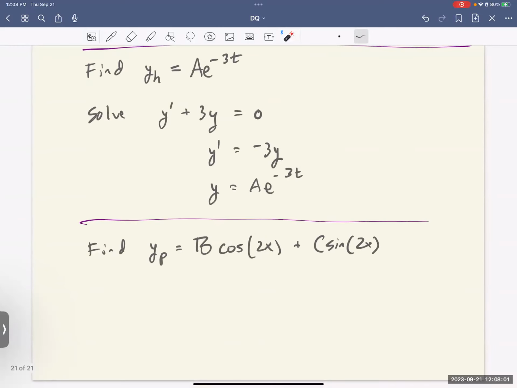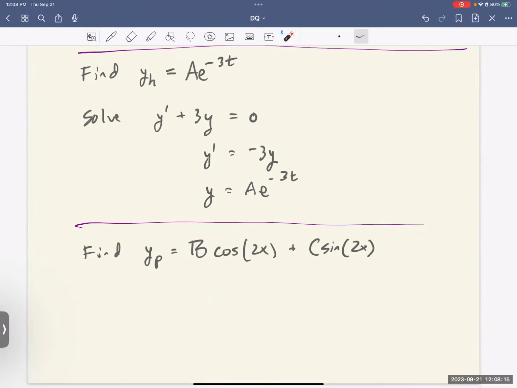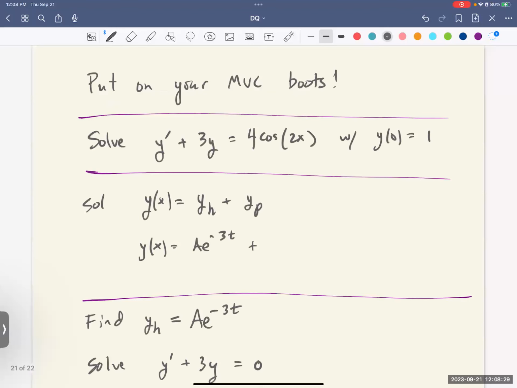Then to determine these undetermined coefficients, you take y sub p, this whole thing, and plug it back into this equation. Y prime plus 3y equals 4 cosine 2x. So let's do that. If y sub p is b cosine 2x plus c sine 2x, we need y prime, we need a 3y, and then add them up and set it equal to 4 cosine 2x.